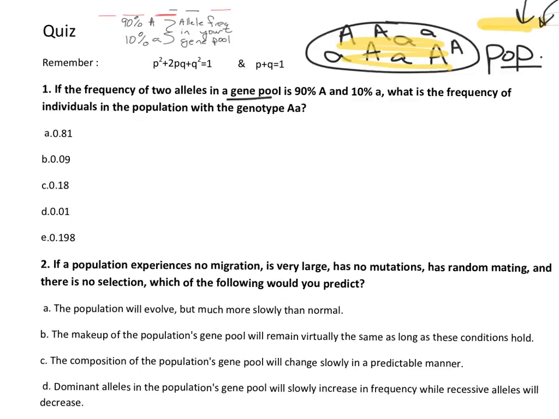All right, so what is the gene frequency of individuals in a population with a genotype of big A, little a? Q squared, P squared? Well, hold on, we're not there yet. Big A, little a is called what? Heterozygous.